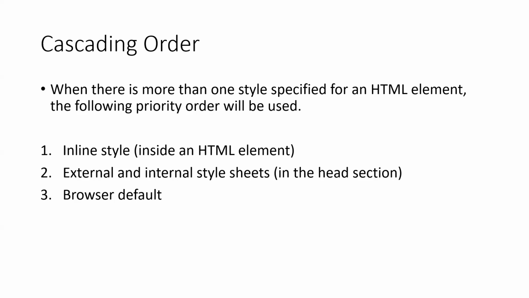Then it goes with the external and internal style sheets, depending on how they appear. Or else sometimes different browsers visualize your content slightly differently. That means the browser also has some styles already defined, so that is what is applied.